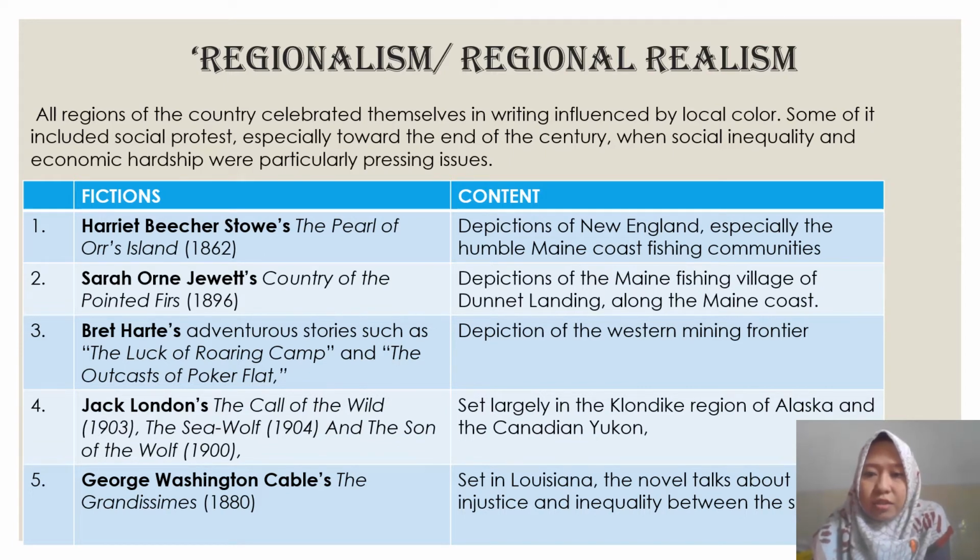Most of the novels here are depictions of the regions where the authors live, and they try to figure out the settings, what actually happened in the regions they are living in. For example, the novel by Harriet Beecher Stowe depicts New England, especially the fishing communities. So the problems of the fishing communities are what the author tried to figure out.